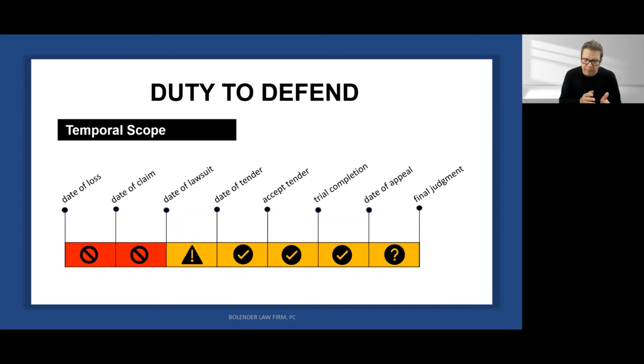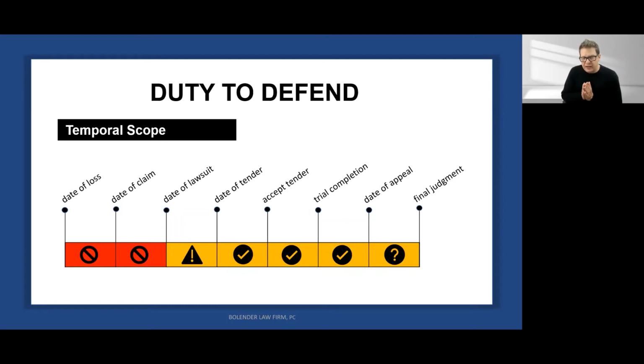Now, unlike some other types of policies, a CGL policy only applies to lawsuits, not a pre-lawsuit claim. But the mere fact that a lawsuit has been filed and served will not alone trigger the defense. It's important to give the insurance company notice as early as possible and to follow up.